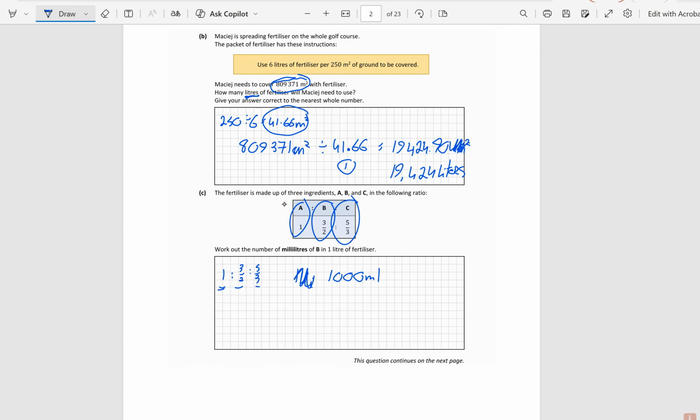So we add these together, all right, and we get 25 over 6. Okay. We take our 1000 milliliters and we divide it by 25 over 6.